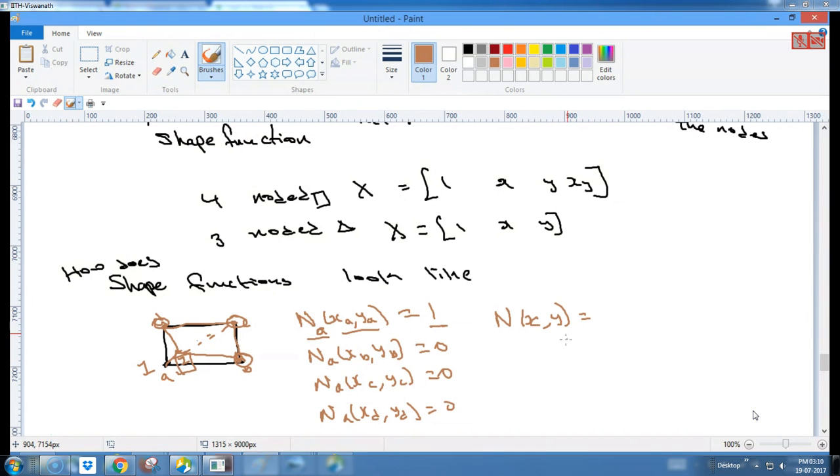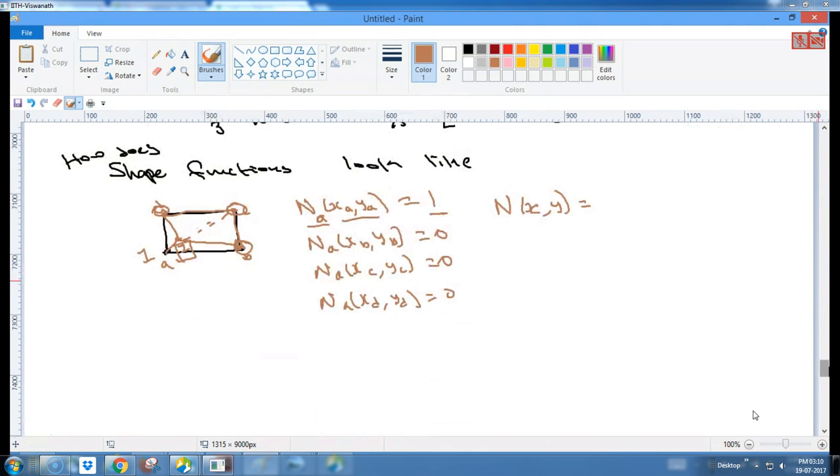So the easiest method to write it is in this manner. You take this again. So what is the equation of this line?